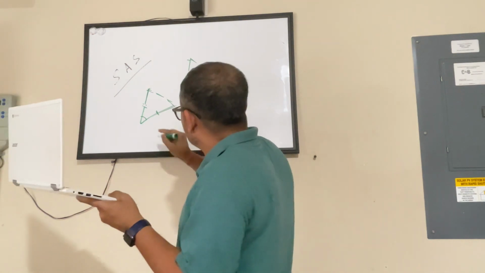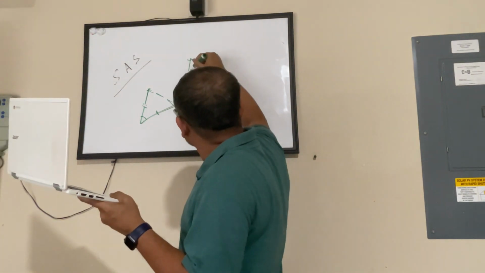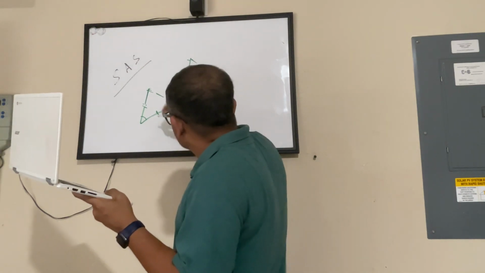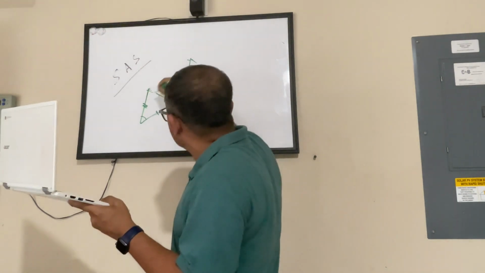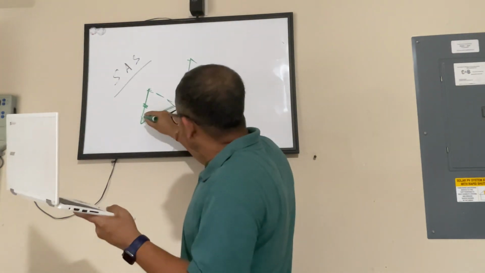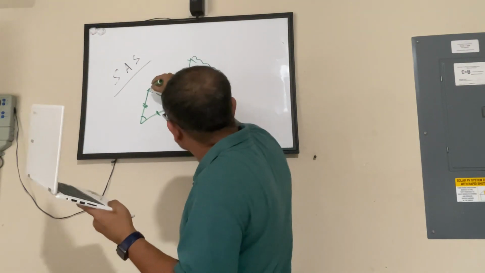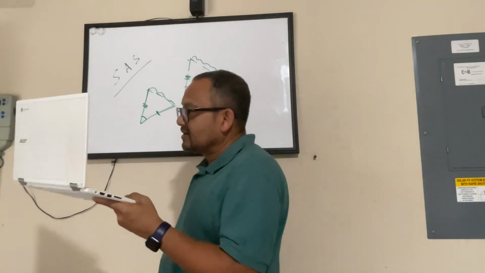This side and this side are the same, this side and this side are the same, and the angle between them is the same. What happens to this line? That would also be the same, right?